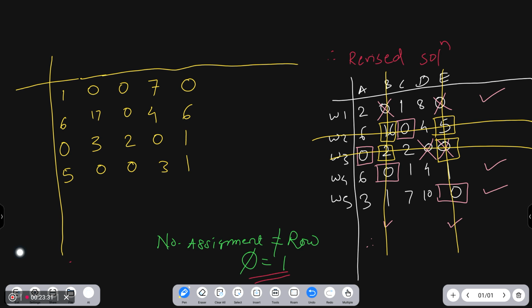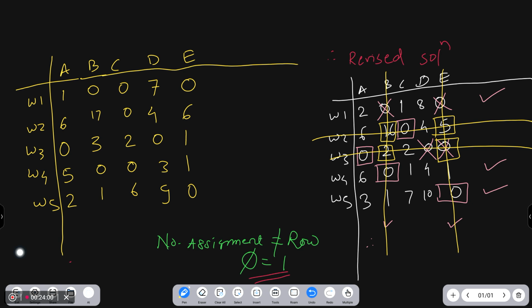In the fifth one, it becomes 2, then 1 will remain as it is, 6, 9, and the last one is 0. Right? Now, what do we have to do then? Next step is what? Again, make an assignment. These steps you have to follow, repeat and repeat till the optimal solution is obtained.